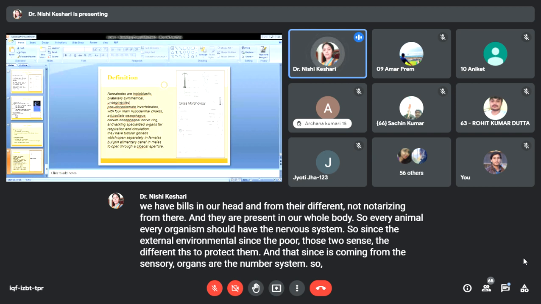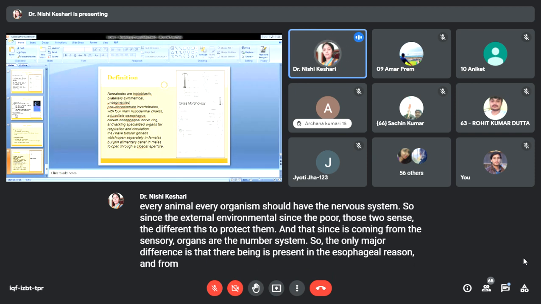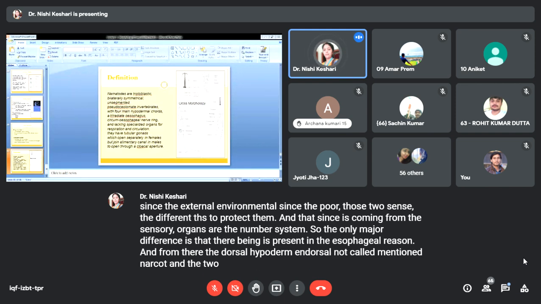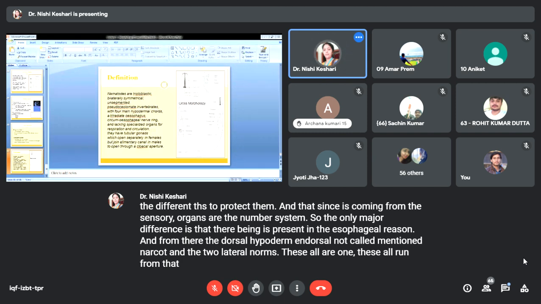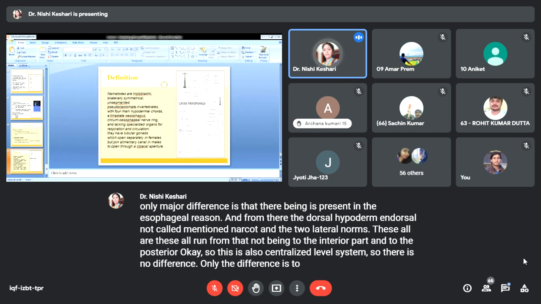The only major difference is where the brain is present, and from there the dorsal nerve, ventral nerve, and lateral nerves link to the anterior part and to the posterior part. So this is also a centralized nervous system. There is no difference, only the location differs.